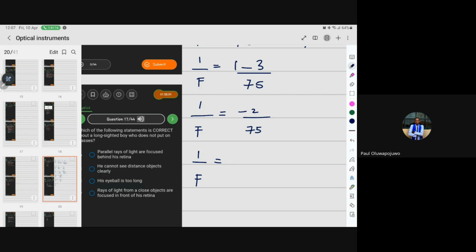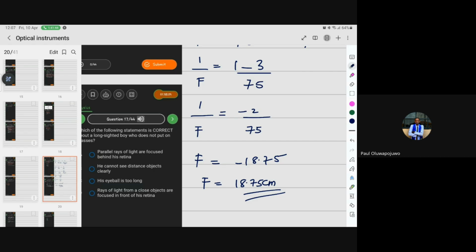So f is equal to minus 18.75, so f is actually 18.75 centimeter. These are sign conventions that we'll make use of. All right, so remember now, can we go back?